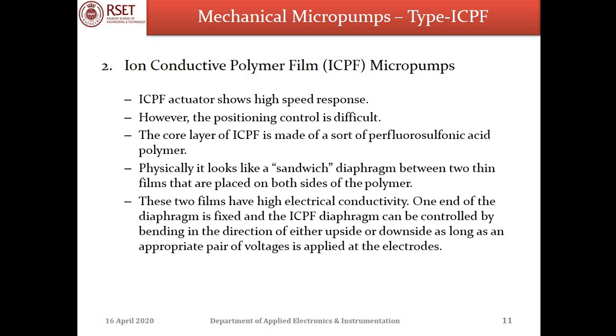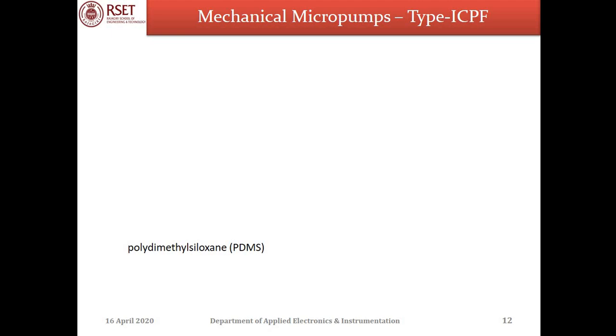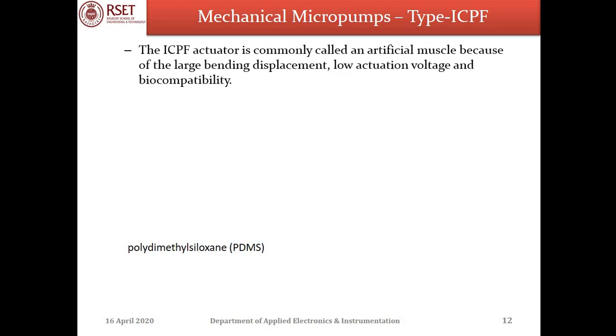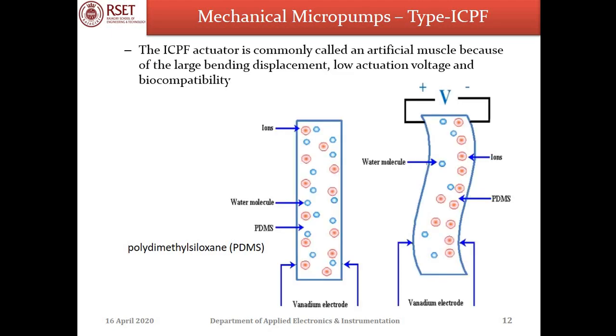Now let us see what happens when such an application of voltage is done across such an ion conductive polymer film. Let us see the diagram. This is the picture of an ICPF micropump, or at least this is the core layer.